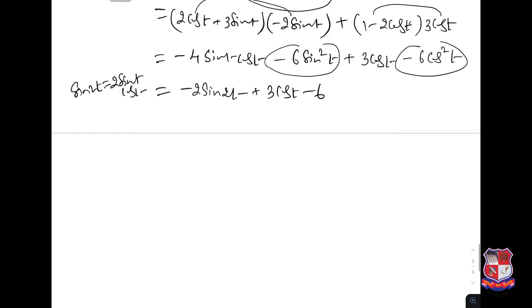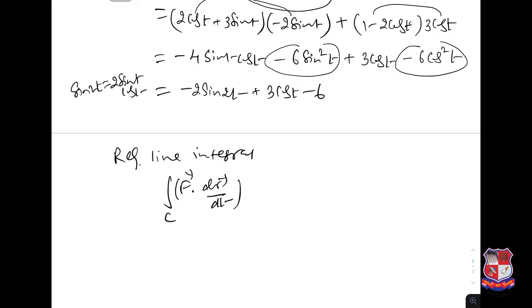So required line integral is integration of F dot dr by dt dt, and t is from minus pi by 2 to 0.